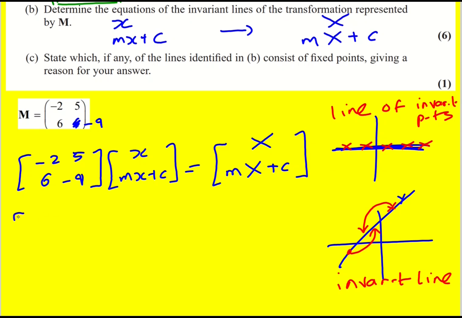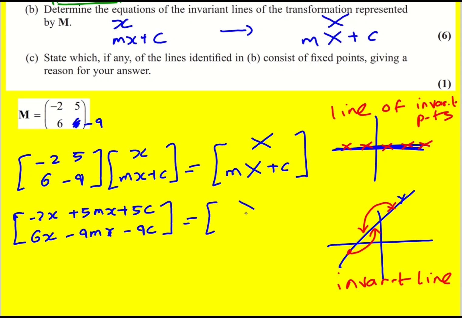We're going to get minus 2x plus 5mx plus 5c, and then 6x minus 9mx minus 9c, and that is equal to X, mX plus c. So in fact, I can remove the matrix and just turn these into two separate equations.